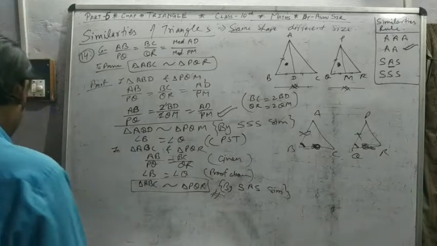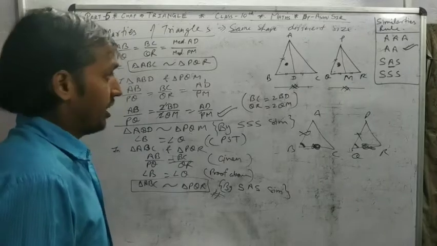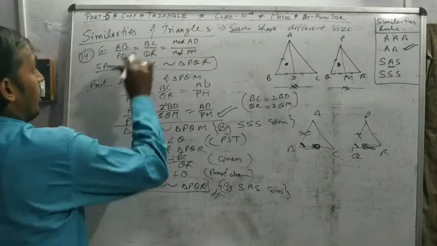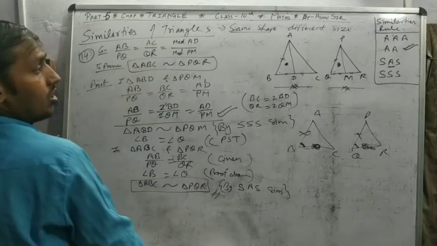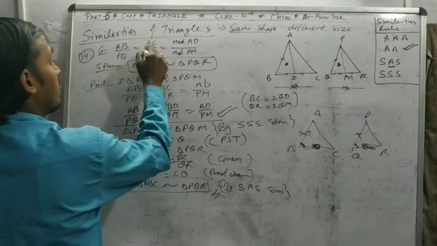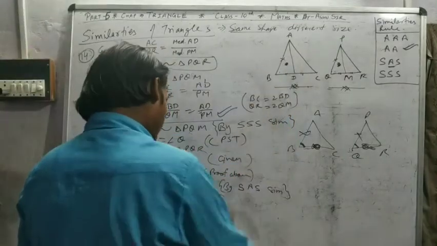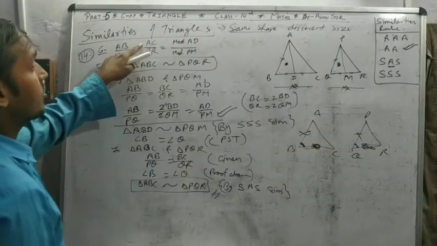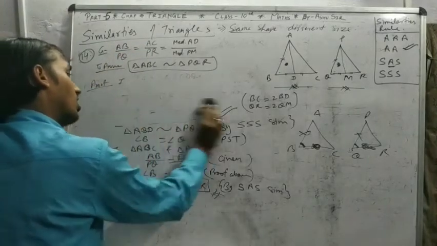See this question. AB, AC and median AD. So here AC and PR. The figure is the same, only the given part is changed, AC, and all the other things are the same.